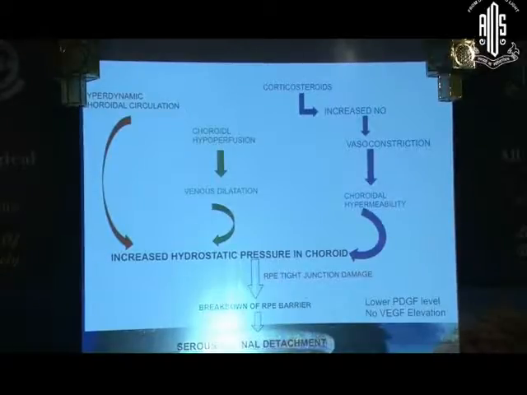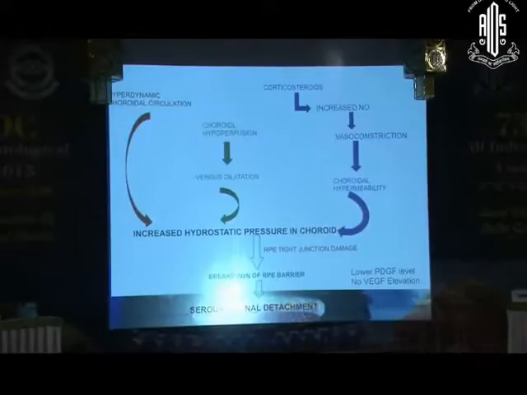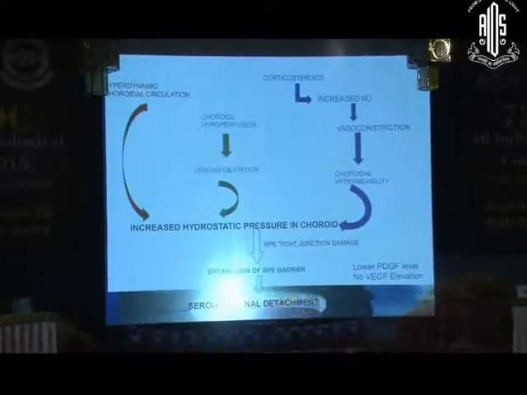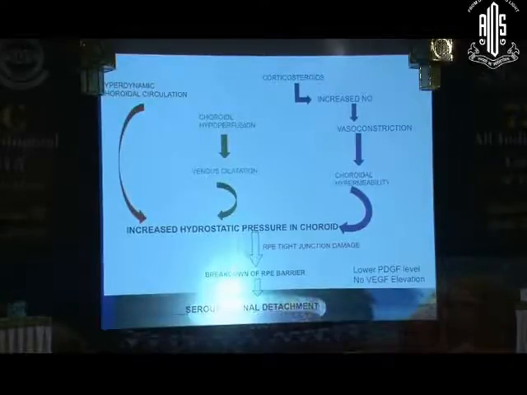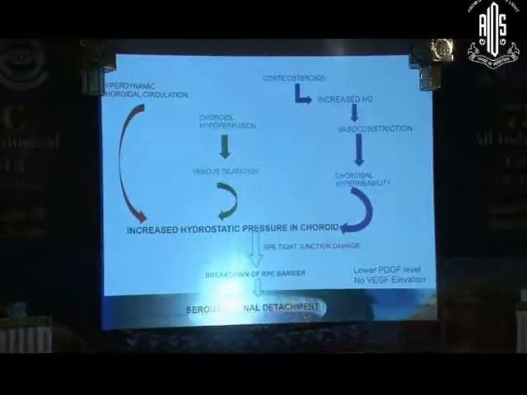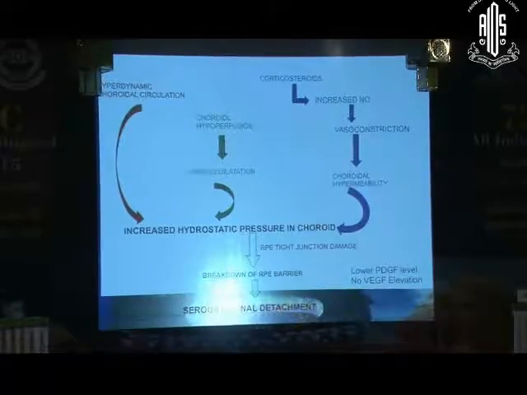This is a word diagram we are trying to put in short how it happens. If we see this, hyperdynamic choroidal circulation and then choroidal hypoperfusion, and both result in venous dilatation and increased hydrostatic pressure in the choroid.